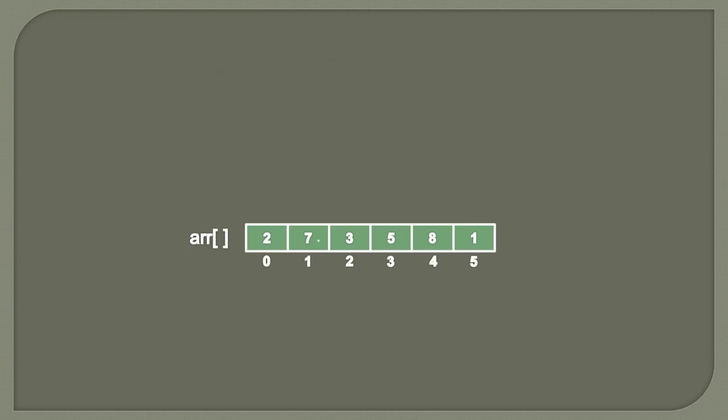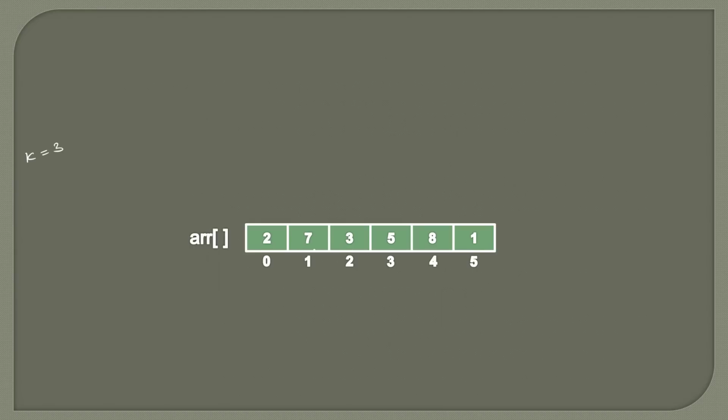So let's suppose we take this array and the value of k is 3. It means the sliding window size is 3, and it also means that at a time we can only see 3 elements in the array. For those 3 elements we do their sum, and we keep on doing their sum for all the sliding windows, and whichever sum is the maximum, we simply return that sum.